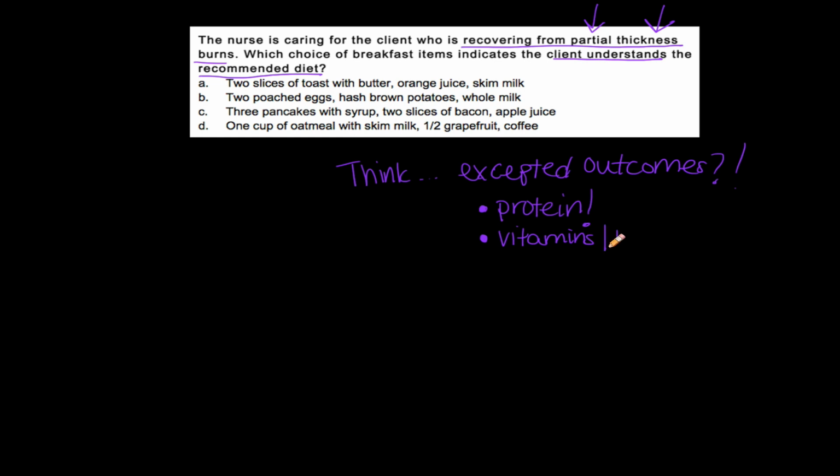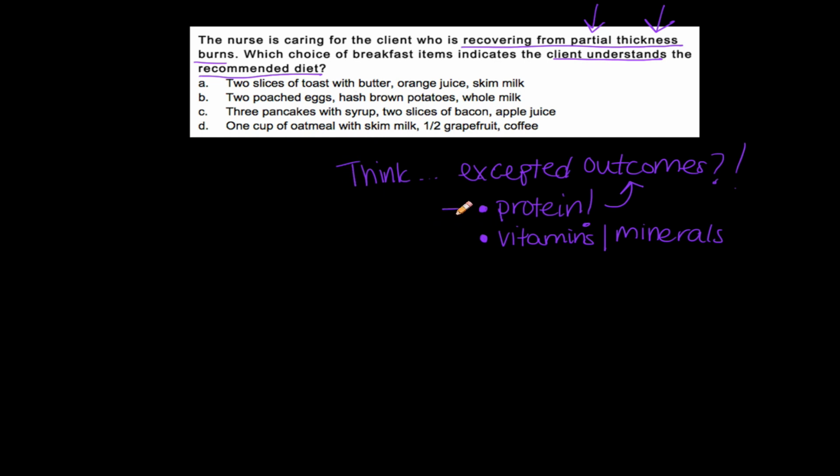That's good, but the big thing we have to think about is that this person in the recovery phase is going to need a lot of protein. So that's what I'm looking for in this question. Now, like many NCLEX style questions that have multiple items in each option A, B, C, and D, if they're all not right, then the whole option's not right. You have to get rid of it.